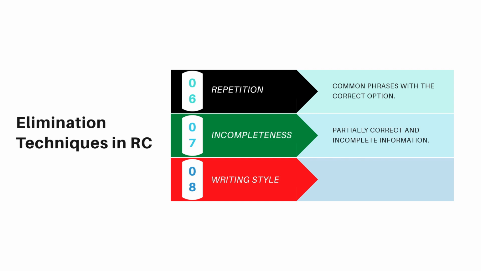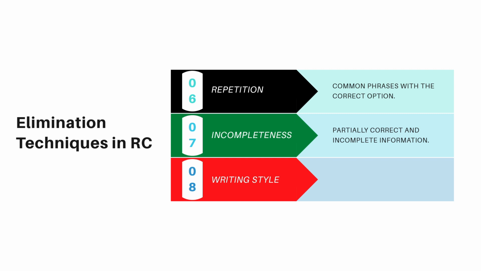Then incompleteness. These options can be partially correct, and they also furnish incomplete information. The moment you see any option to be partially correct, with that 40% or 50% of correctness, don't select that option because the remaining part is wrong.